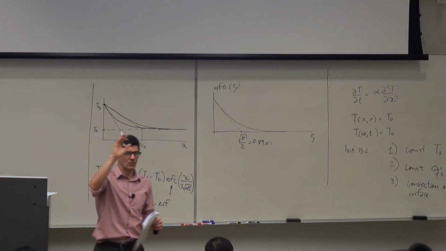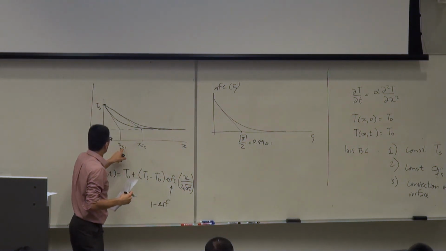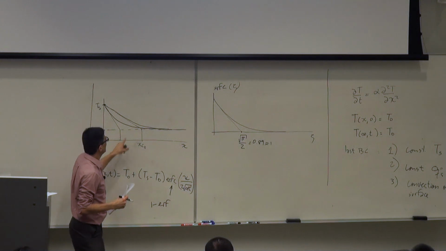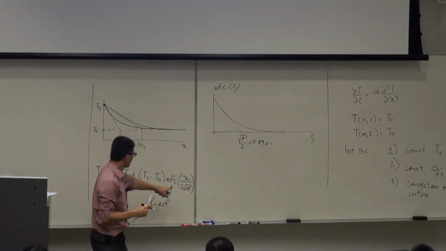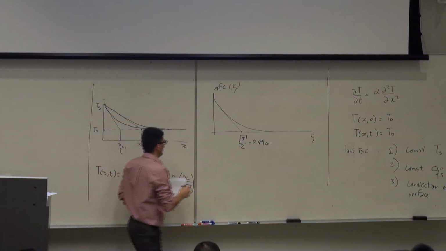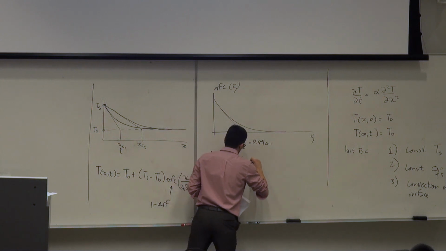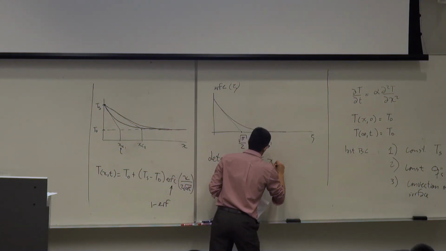We have 1 minute. So please stay with me and then we go happy on the weekend. This crossing here is when what is inside the error function is square root of pi over 2, right? I'm going to put determination of xc.